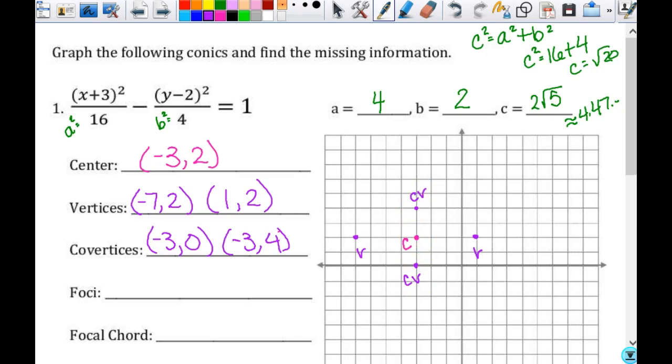Now, the rectangle is important to us, but we don't have to draw in the rectangle. All we really care about are the corners so that we can get the lines drawn in there correctly. We can find the equation of the line and then go graph it that way, but it's really easier just to understand that if this is my covertex and this is my vertex, isn't this the corner here?